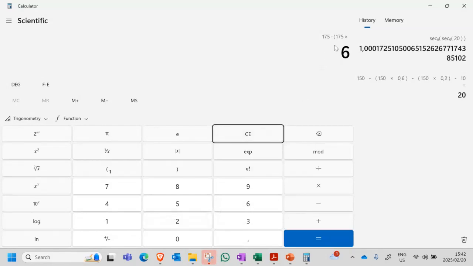Let me see what I'm typing now. 0.6 close bracket minus open bracket 175 close bracket. No, what am I doing? Why can't this thing edit? That's what I don't like. I must start afresh.